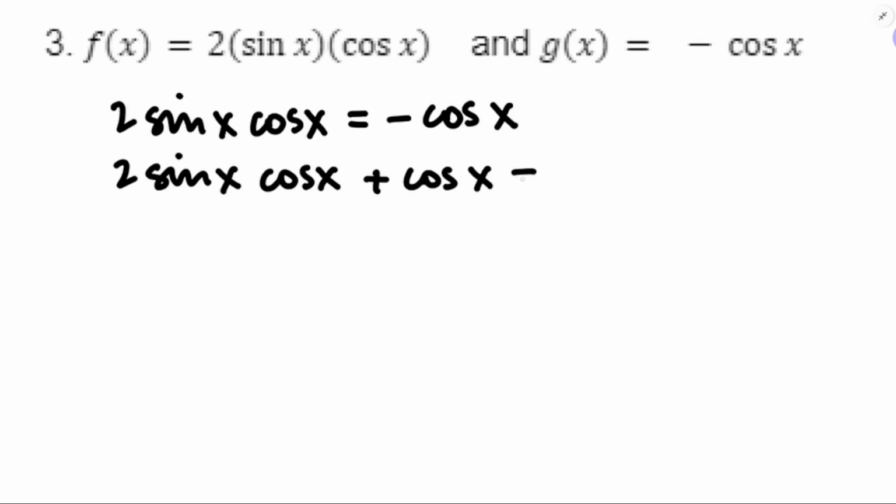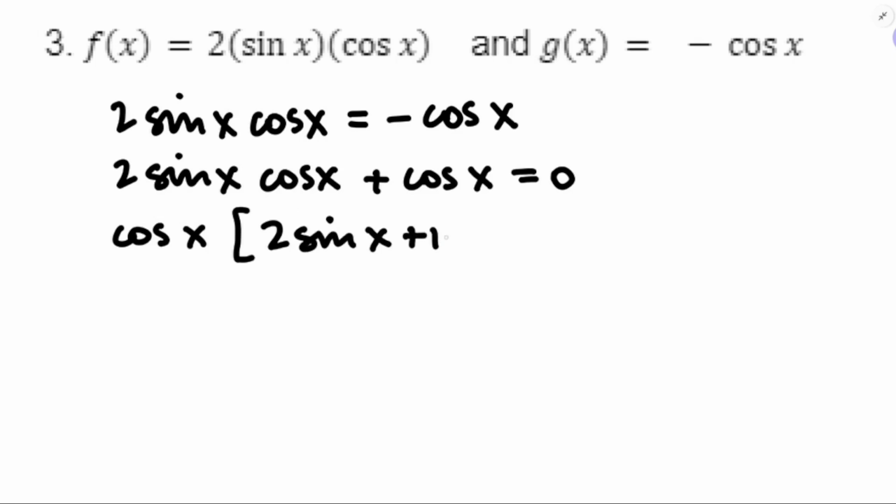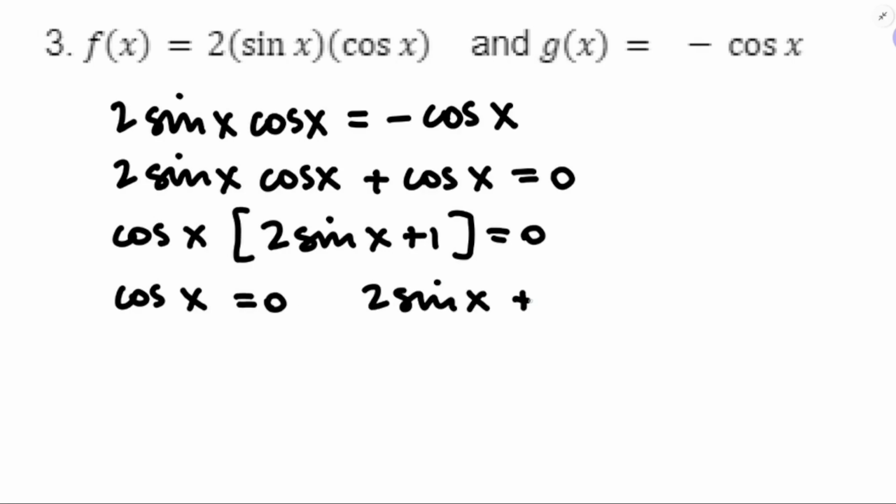I think to myself, what do both of these things I'm adding together have in common? A cosine x, and then I'm left with 2 sine x plus 1. So either cosine x equals 0, or maybe 2 sine x plus 1 equals 0.